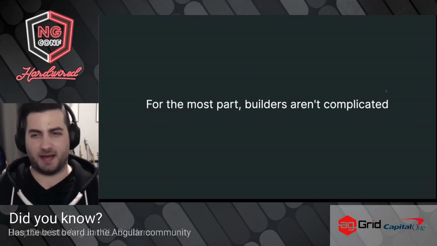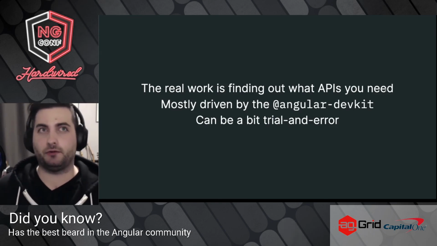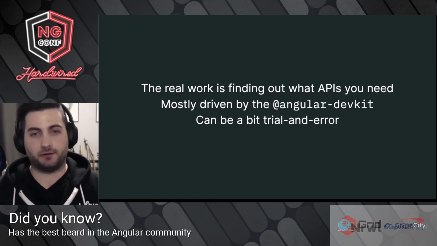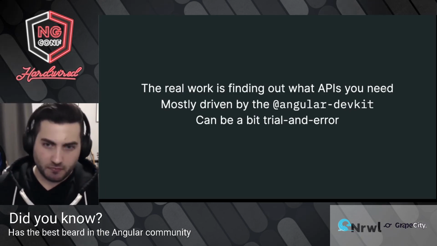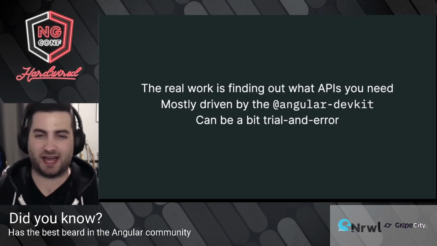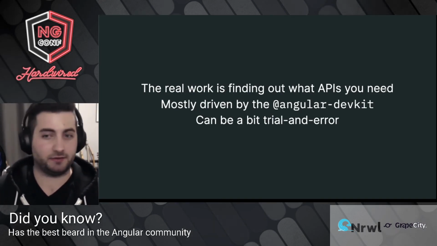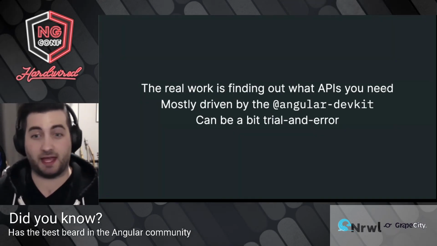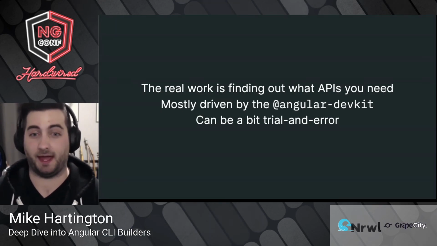The hard part about creating builders is figuring out what APIs you need and how to create the flow. So once you get an idea of the certain APIs you need, you can piece together everything in a kind of trial and error process. Most of them are going to come from the Angular DevKit package, and you're going to be reading a lot of type information from that.